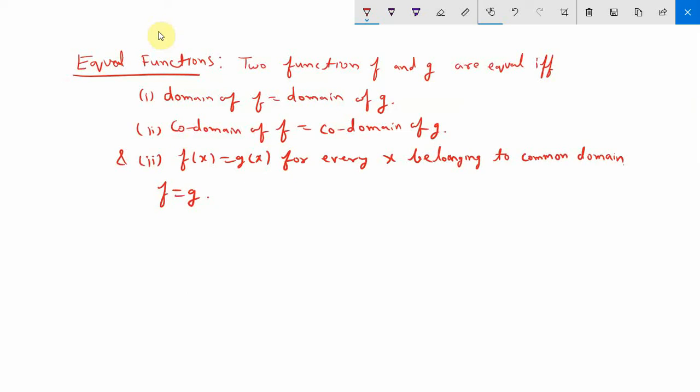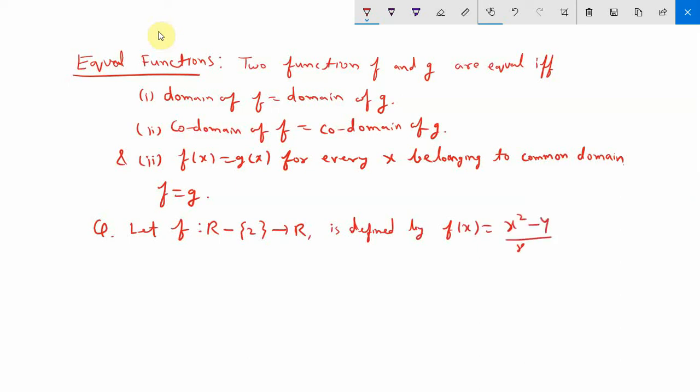So we will take a problem. Let a function f from R minus 2 to R be defined by f(x) equal to x square minus 4 by x minus 2, and g from R to R is defined by g(x) equal to x plus 2.